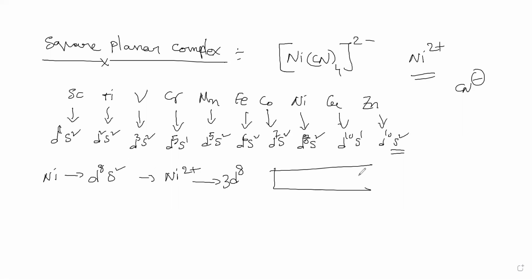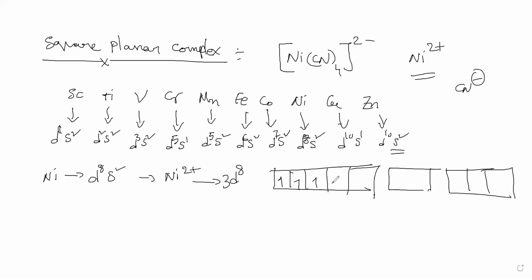So when I write for 3d8, you see, it's like this: 3d, 4s, 4p. Now the d8 configuration is like this. Nickel 2+: 1, 2, 3, 4, 5, 6, 7, 8. So this is my d8 configuration.